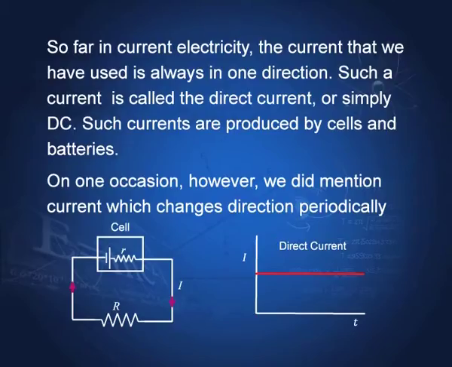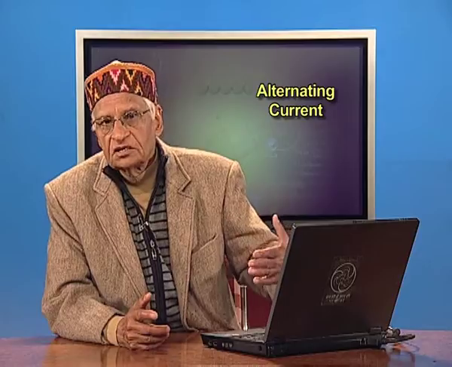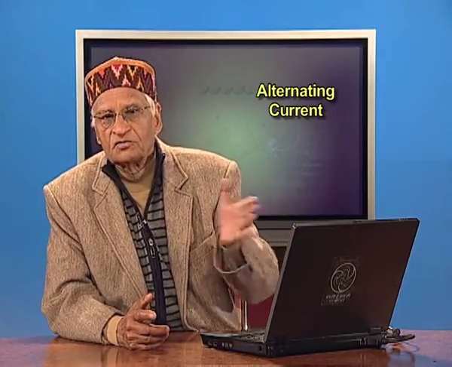So far in electricity and magnetism, you have dealt with a current which is always in one direction. Say in this circuit, the current is always in this one direction. However, now we are going to use currents which are not always in one direction.